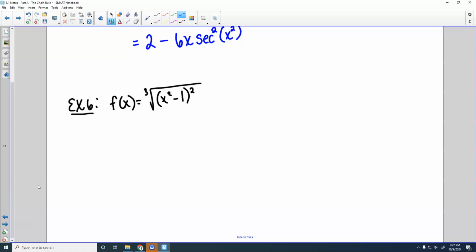So we got f of x equals the cube root of x squared minus 1 squared. Now, there are two different ways you can look at this problem. If I try to do this problem, what's my inside part? X squared minus 1. And then, what's the outside?